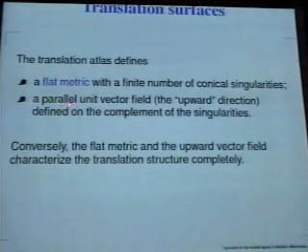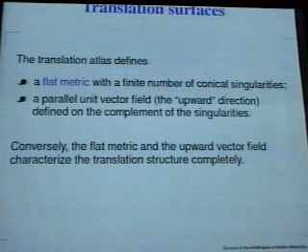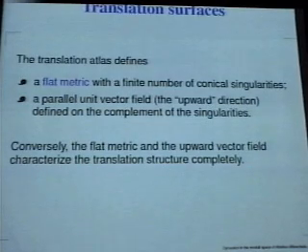And it also comes with an extra structure, which is a parallel vector field that does not vanish. I call it the upward direction. Just think of the positive imaginary axis on the plane, bring it to the surface via some local coordinate. That's what I call the upward direction. And again, it doesn't matter which local coordinate you choose, because you get the same thing.